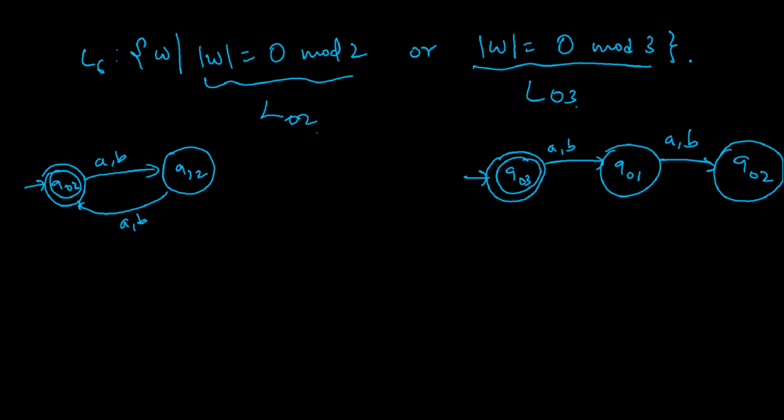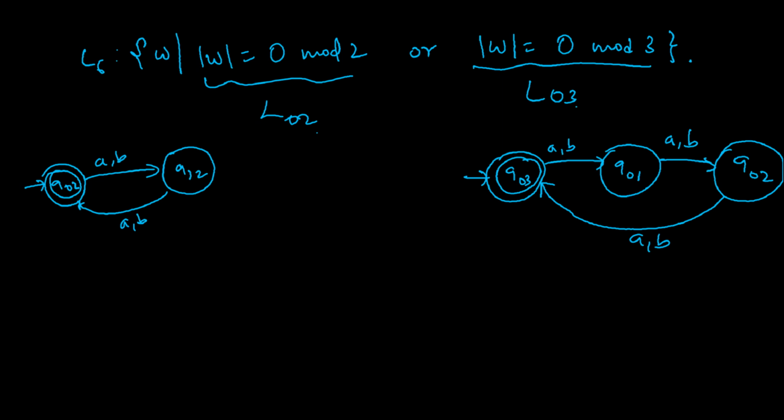When the divisor is 3, the remainders are 0, 1 or 2, so we have those states. Now at Q2, if you get another symbol, the length has to be divisible by 3, so you go back to Q0. This is A and B.